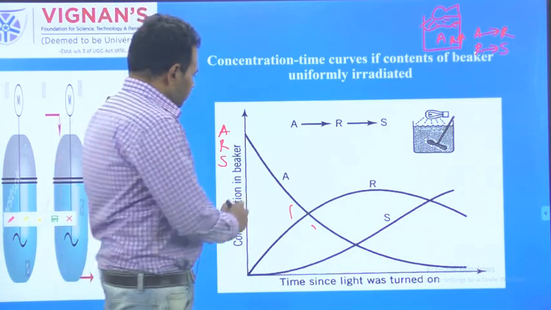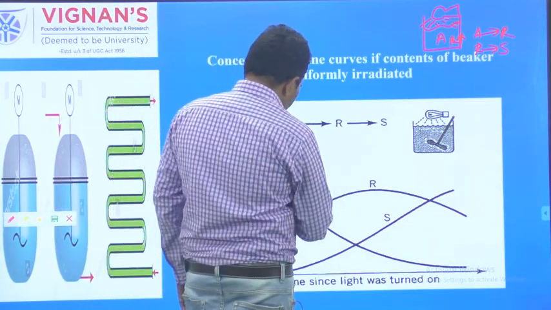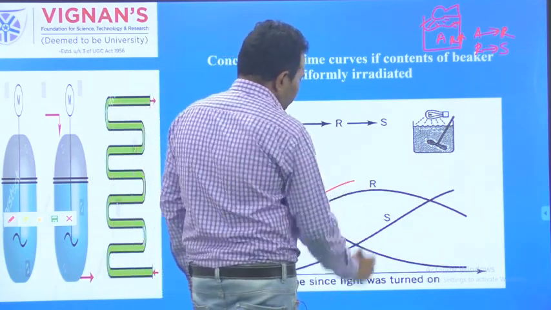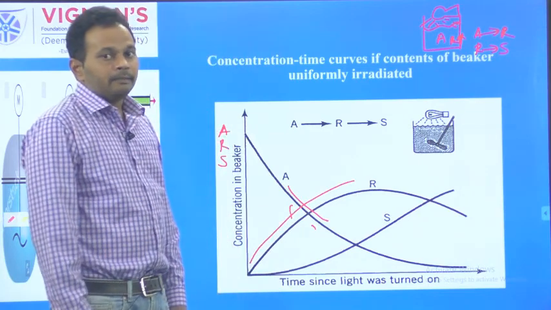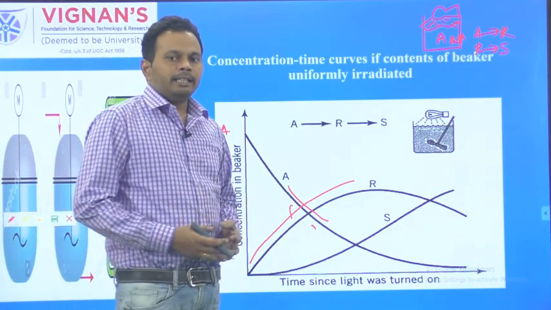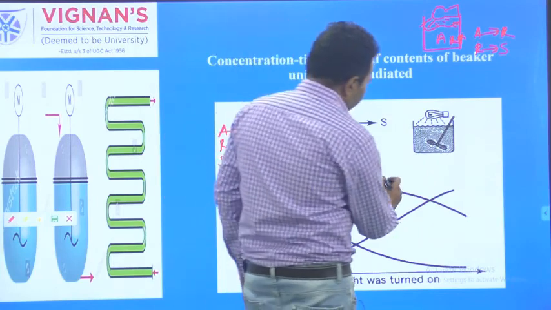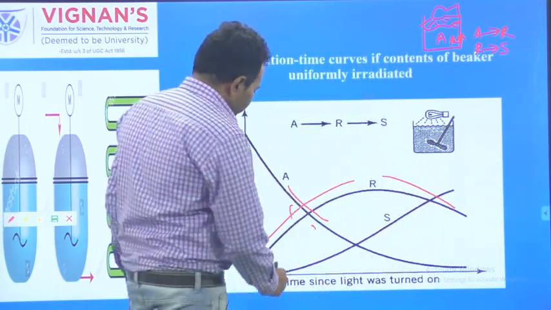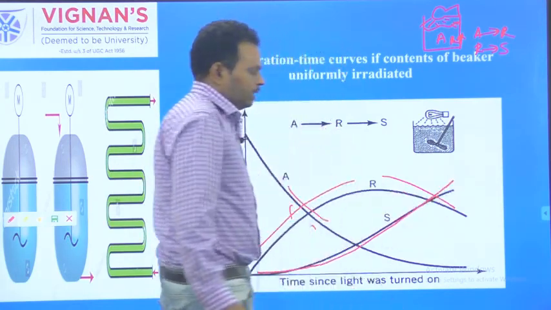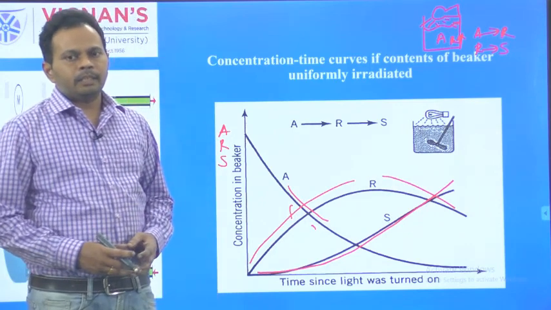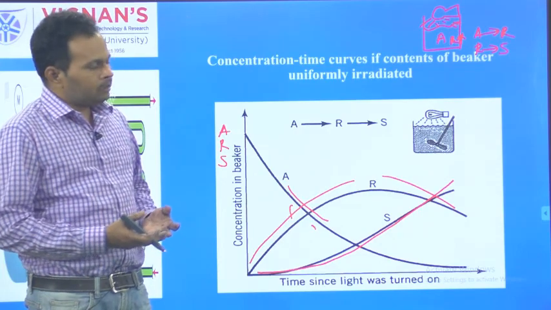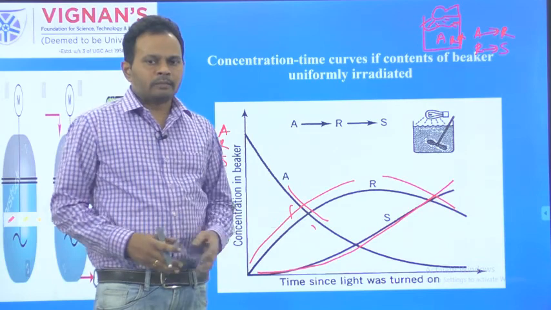When you observe this, the concentration of A gradually decreases, and the concentration of R first increases until it is greater than the concentration of A. Once the concentration of R is greater than that of A, R receives the light energy and produces S. Then the concentration of R falls, and the concentration of S, initially very small, starts to increase from that point onwards. So when you treat the beaker containing A in this way, we generally see two products, both R and S.